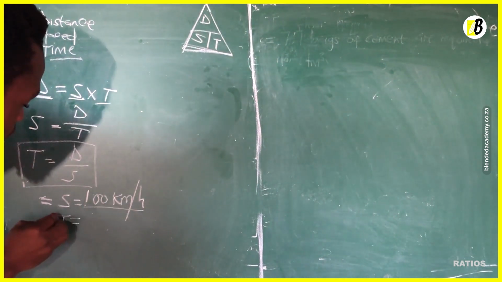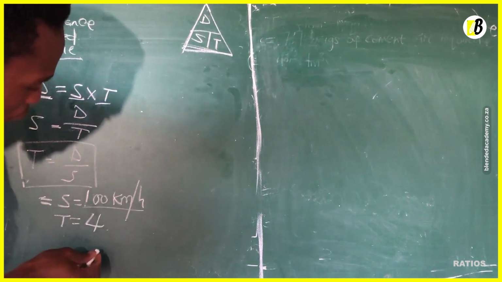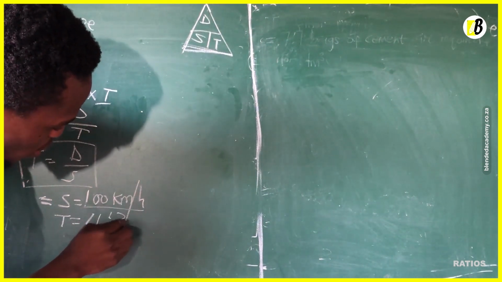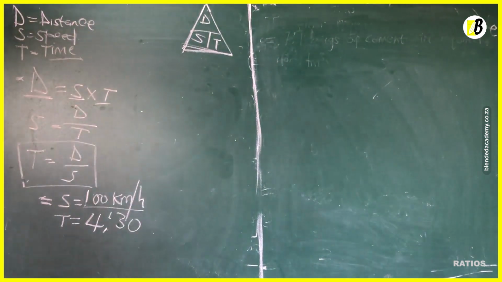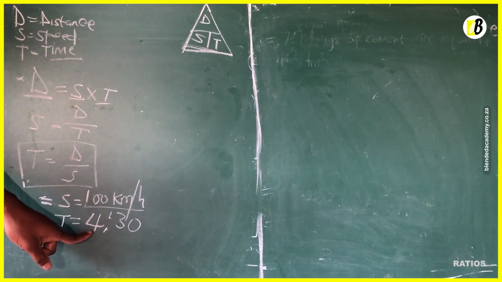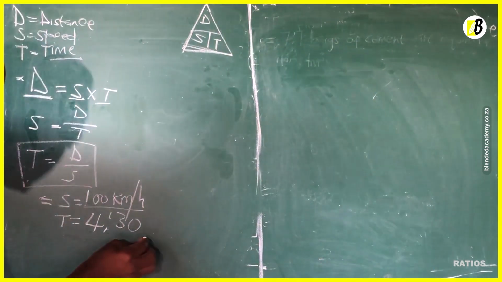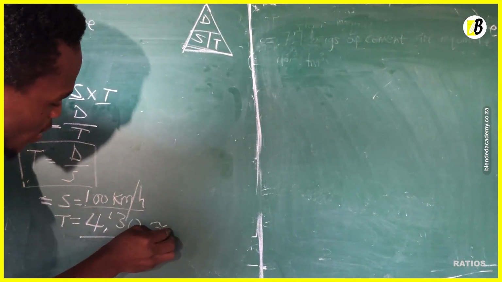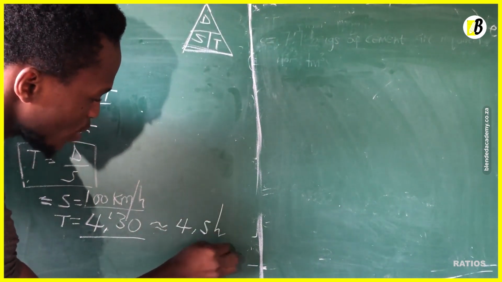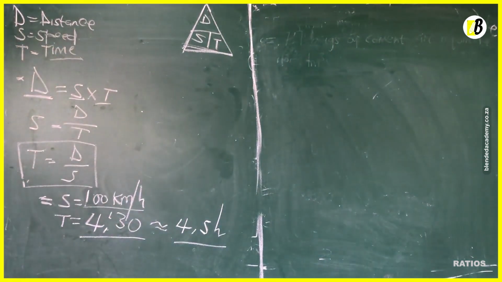So our time is going to be 4 hours 30 minutes, right? In our previous example, you will remember that this is equivalent to 4.5 hours in counting. So let's see if we can calculate the distance with the given values.